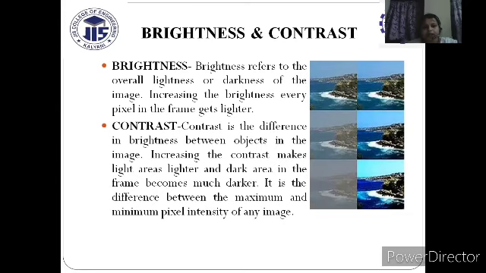According to the definition of contrast, the difference between the maximum and minimum pixel intensity of any image, if the maximum pixel intensity is 100 in an image and the minimum pixel intensity is 50, then the contrast of that image will be 100 minus 50 equals 50.